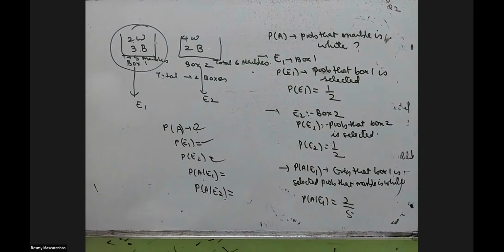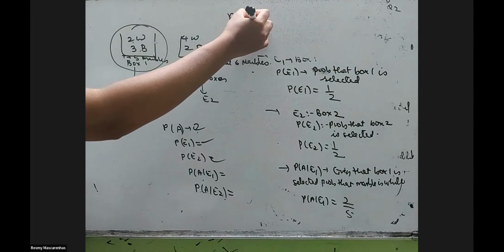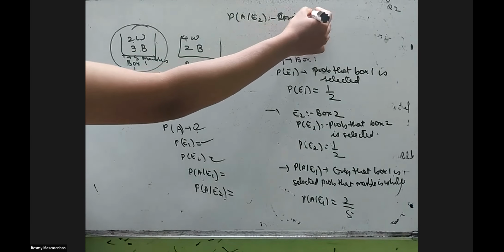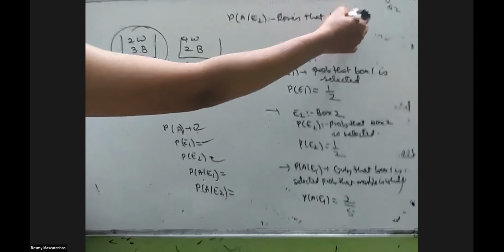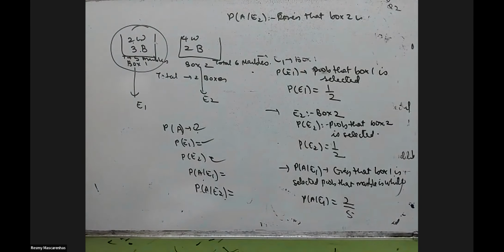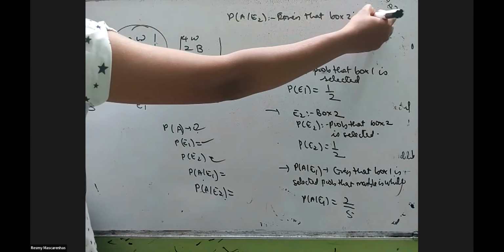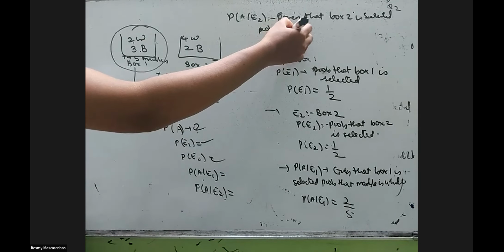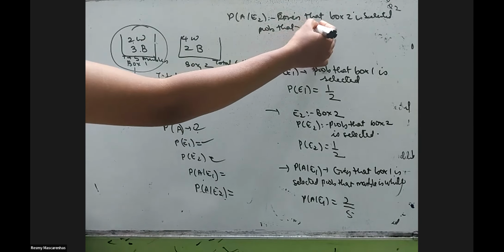If black was asked, it would be 3 out of 5. Then find P of A upon E2. Given that box 2 is selected, probability that A remains the same: the marble is white.